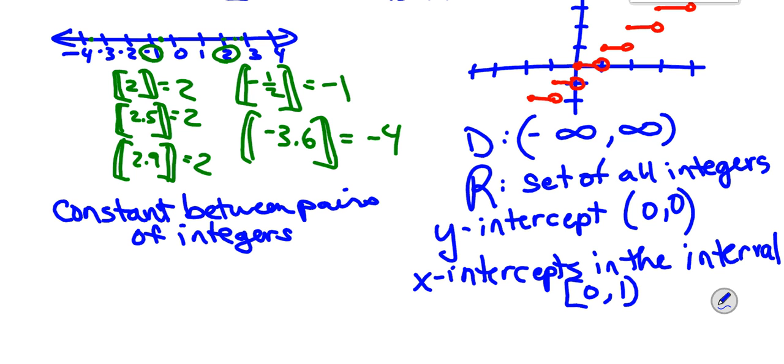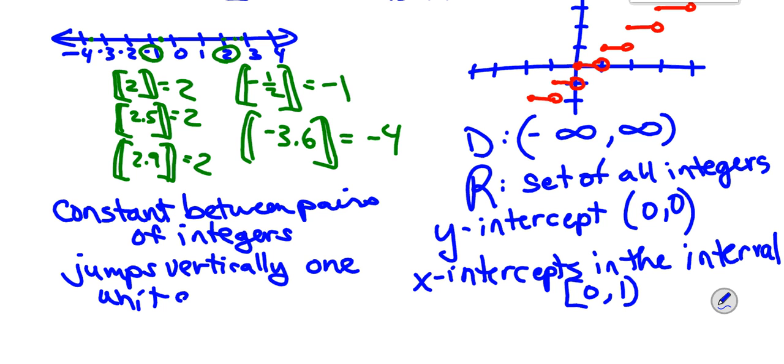And then it also jumps vertically 1 unit at each integer, as we look at that.